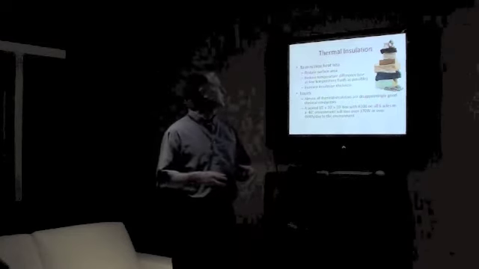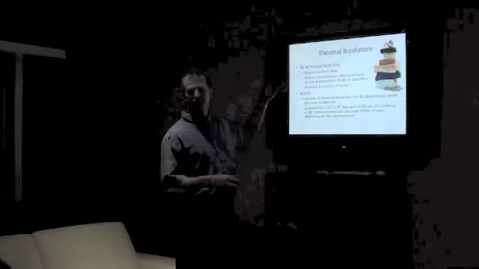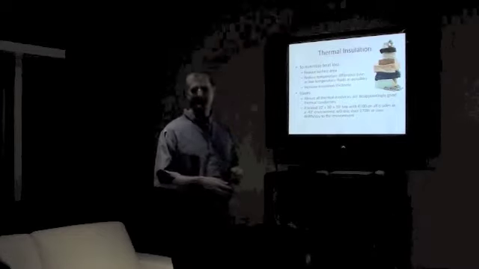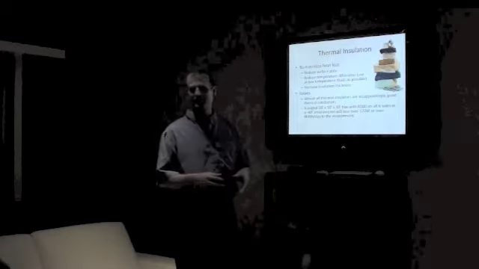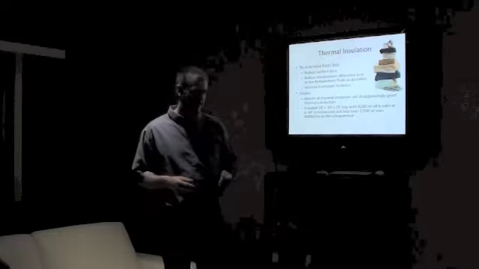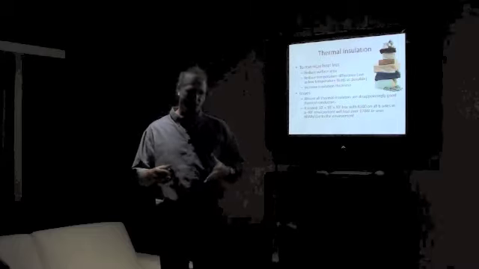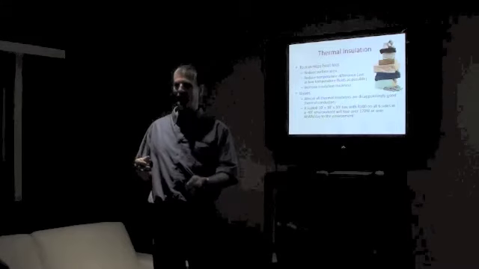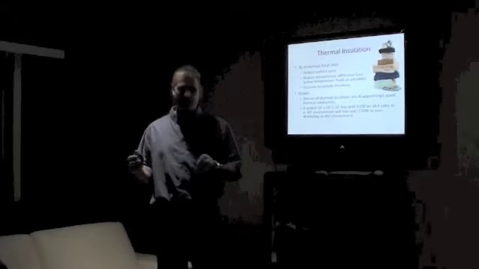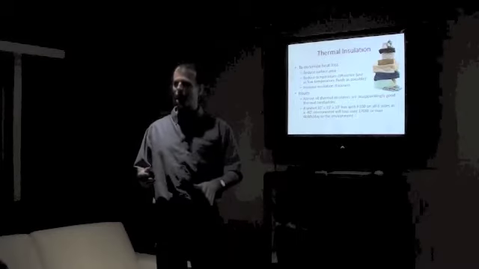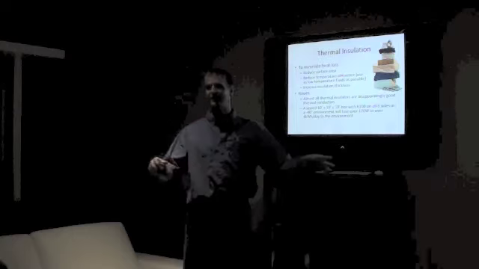Some methods to minimize heat loss are to reduce the surface area of whatever you have that's heated, and to reduce the temperature difference. I mentioned that I could use cold water to melt ice, or I could use warmer air to melt ice. If I had those two systems, the cold water one will lose less heat to its environment.